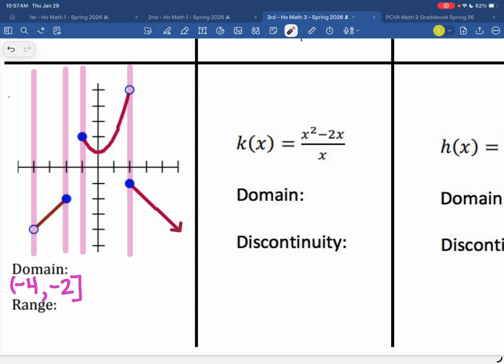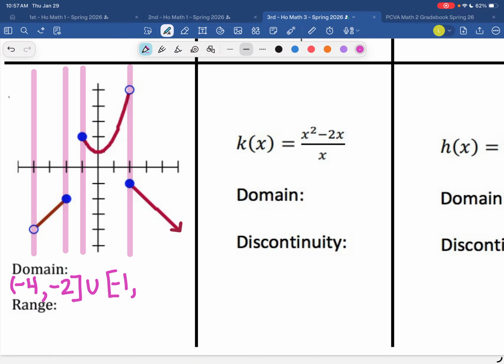So I don't have to stop and chunk this up and make this 2. I don't need a union here because I don't have to stop at +2, because this 2 is going to fill in the 2 that's missing there. So I'm going to keep going. We started back with a bracket at -1.